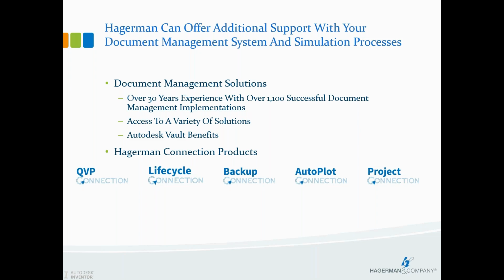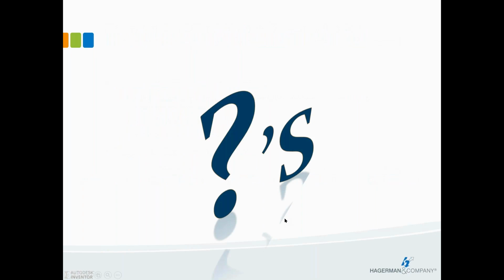We've got access to a variety of solutions, and we'll happily discuss the Autodesk Vault benefits, as well as some additional tools. Hagerman has developed some connection tools that go along with the document management solutions to bring out some additional capabilities, and we're happy to discuss those. I went through that really quickly.